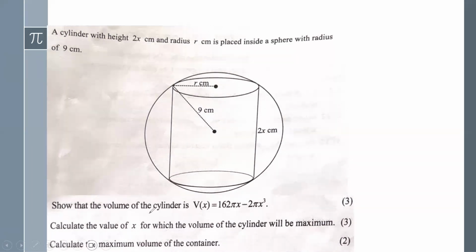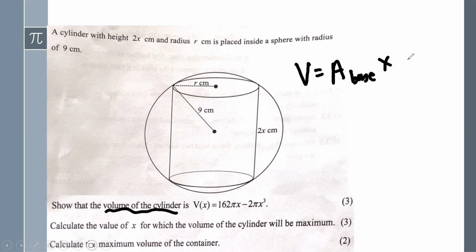How do you calculate the volume of a cylinder? Well, for any 3D object, the volume is always equal to the area of the base times the perpendicular height. That is the height which is perpendicular to the base. What is our base in this case? It is a circle.